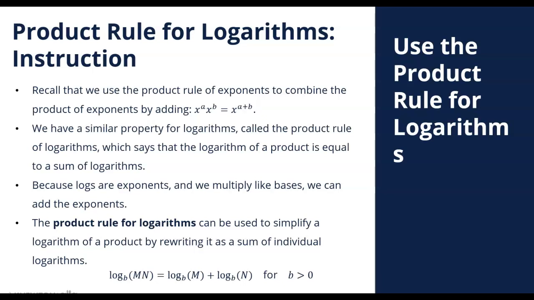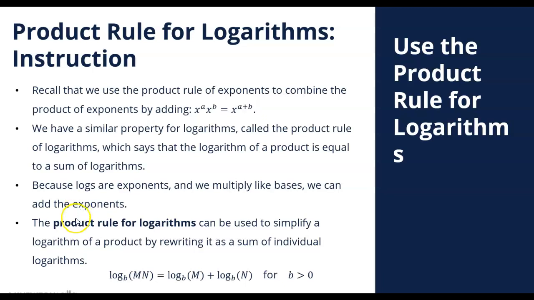logarithms. Because logarithms are exponents, if you recall the logarithmic function, the output for that is just an exponent. So because of that, we multiply like bases and then we can add exponents.